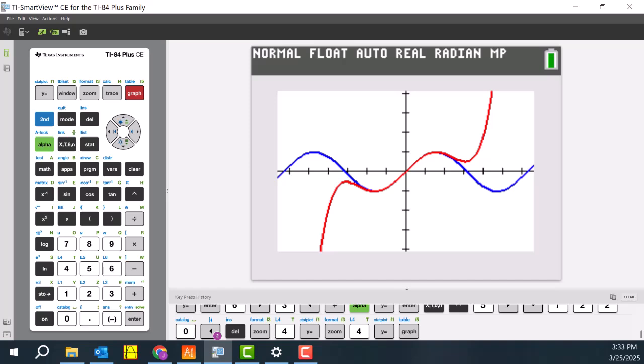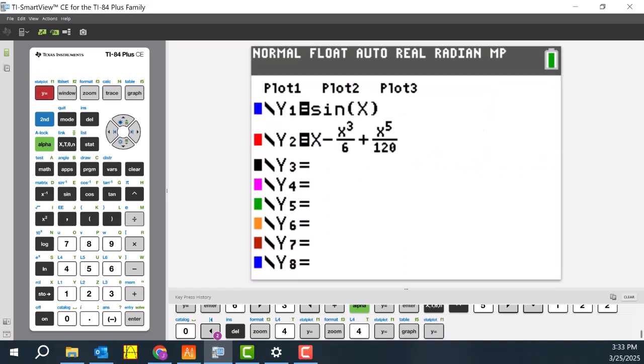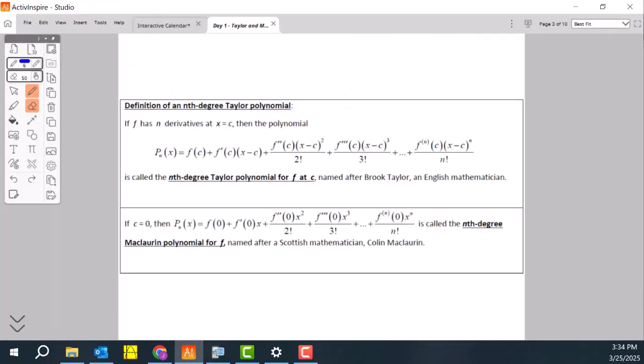That's because this function of x minus x cubed over 6 plus x to the fifth over 120 is what we call a Taylor polynomial. It is an approximation for sine. So let's look at how we actually create that Taylor polynomial.